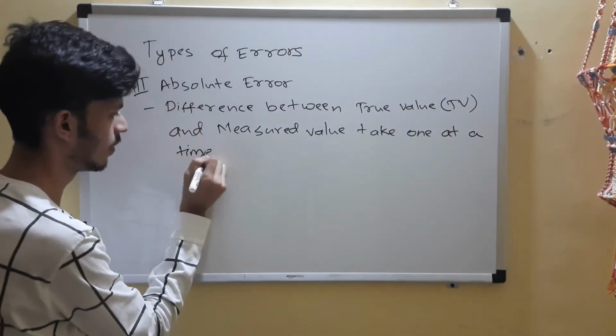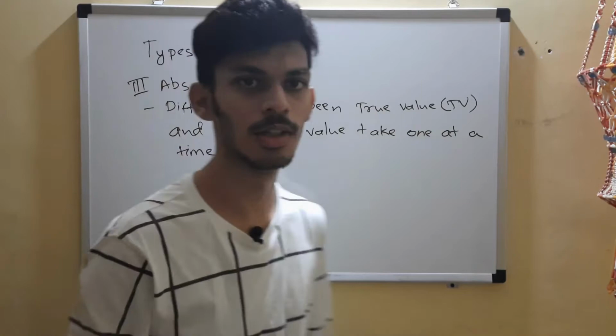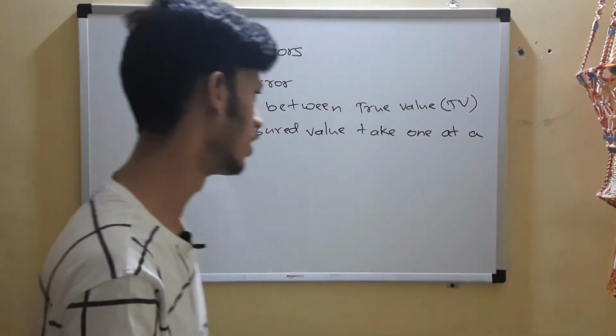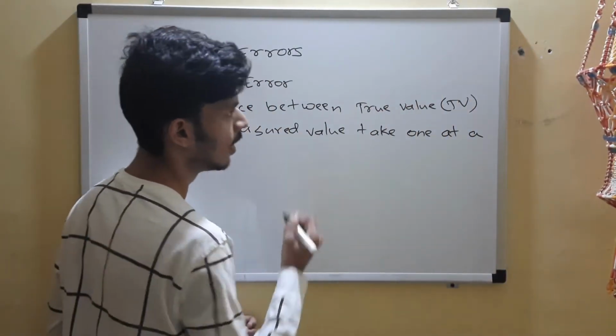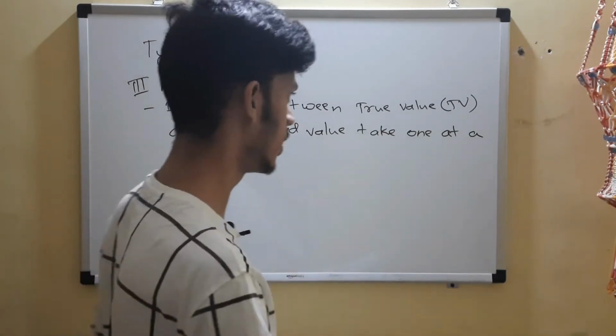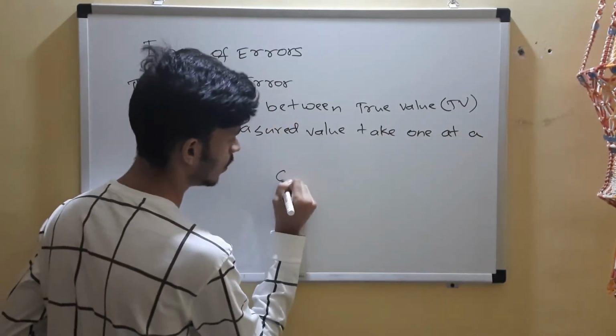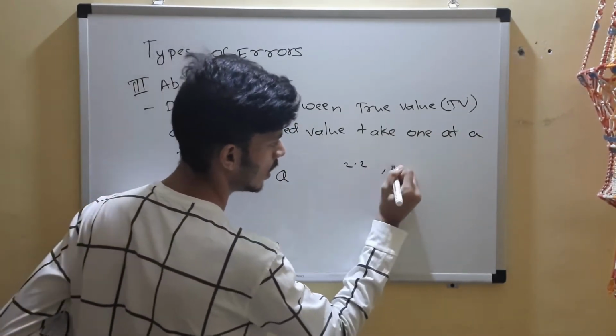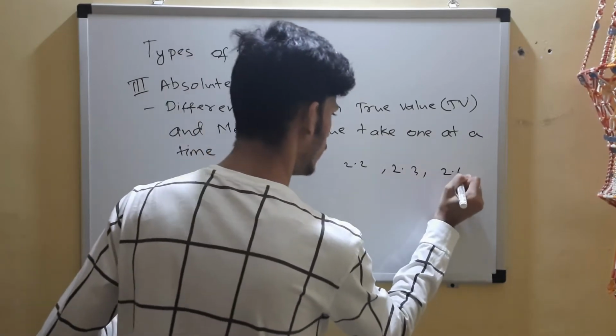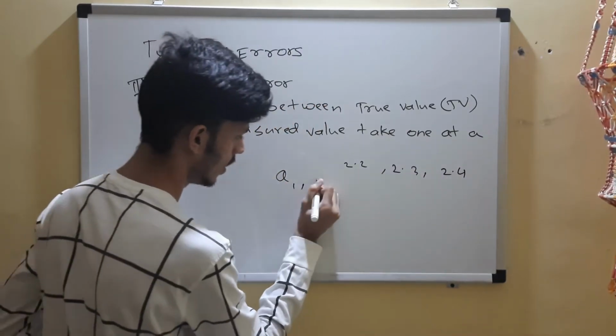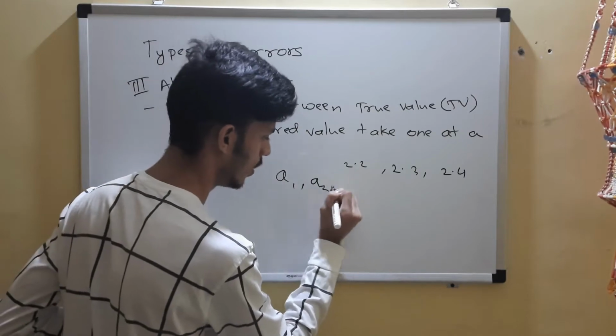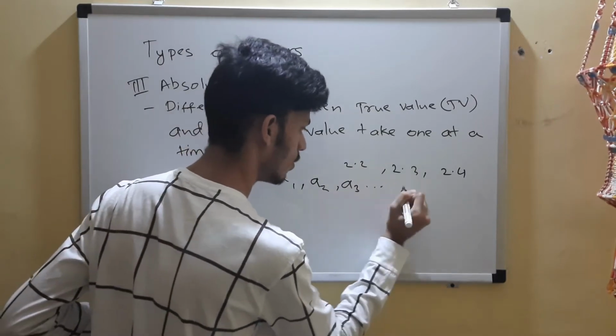So you will have some true value. Either they'll provide you the true value in the question, or they will provide you raw data. Like they will do the experiment more and more number of times, and they will provide you numbers like 2.2, 2.3, 2.4. In general we take A1, A2, A3, and so on till AN.